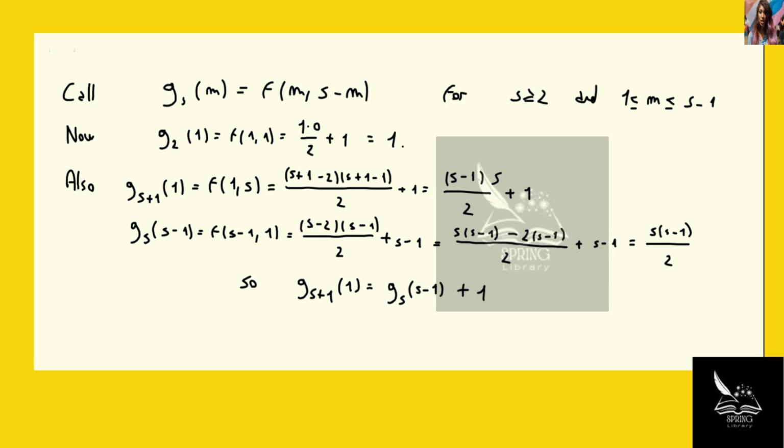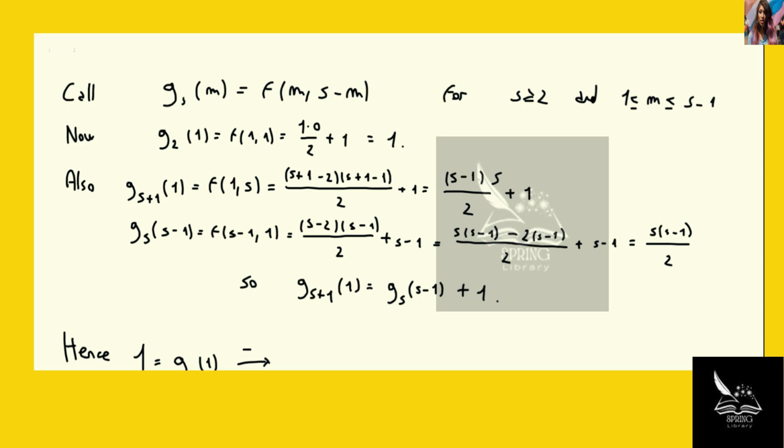So essentially, when we reach the maximum value m can be for a fixed s, so s - 1, then the following number is exactly the value that we would obtain by increasing s by 1 and putting m to the minimum. So to make it more clear, we start with 1, which we've seen is g_2(1), and then 1 is the maximum value that m can be before 2.